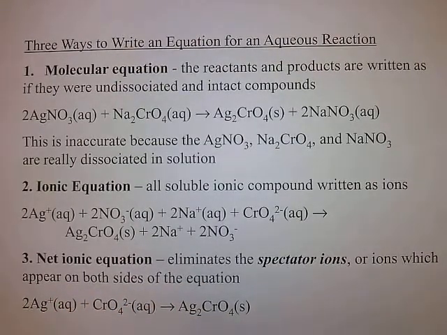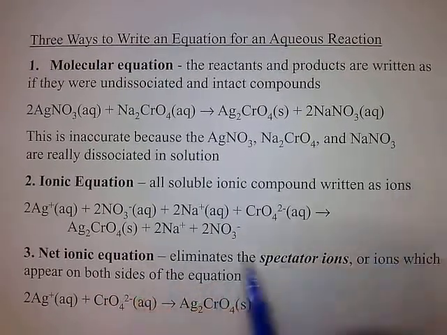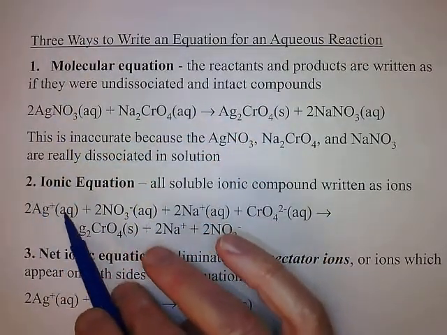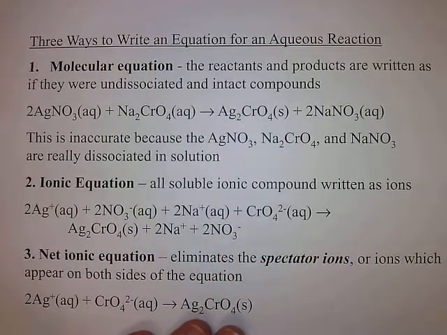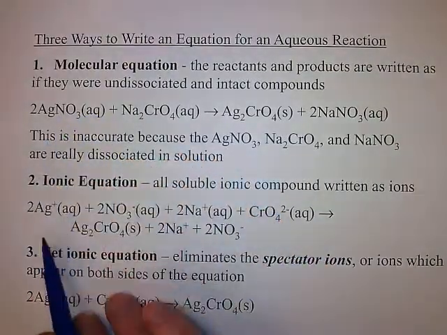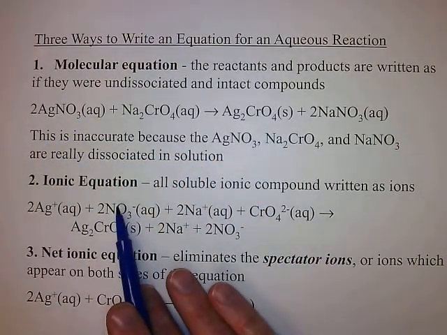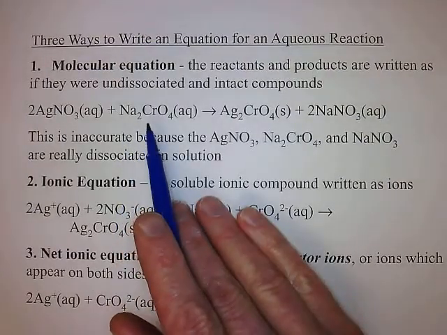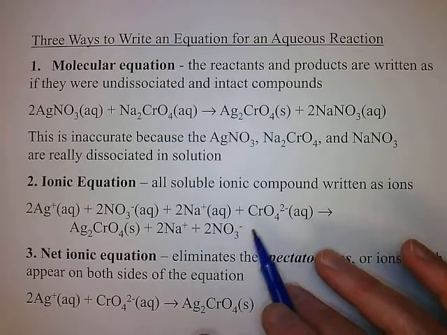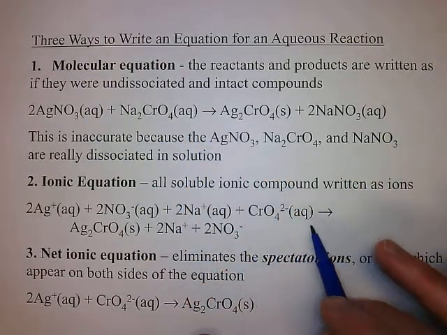And then in the ionic equation, we write all soluble ionic compounds as ions. In other words, instead of AgNO3, we write 2Ag+ and 2NO3-. We recognize that this is really dissociated into Ag+ and NO3-. And the sodium chromate we write as 2Na+ and CrO4 2-.